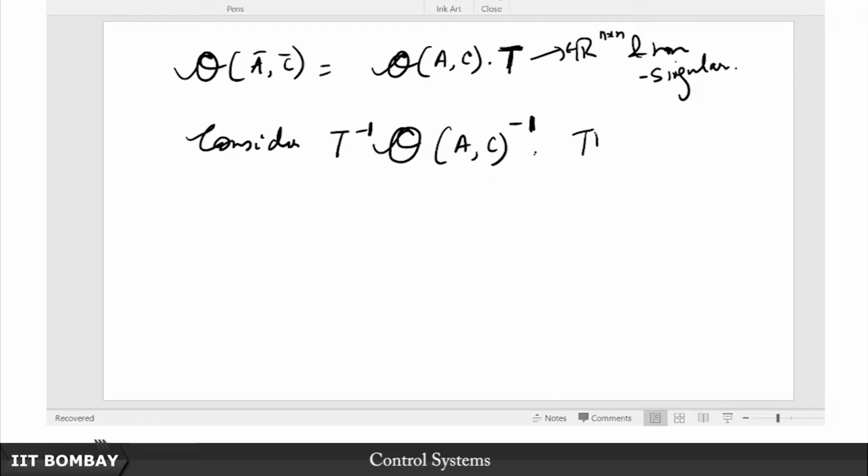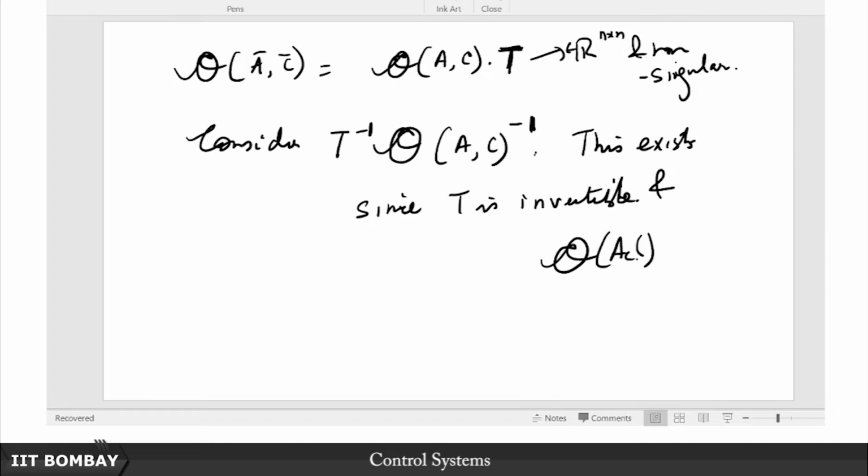This exists since T is invertible and O of AC is also non-singular. A non-singular square matrix means its inverse exists, because its determinant is non-zero. If its determinant is non-zero, then of course you can take the adjugate of that matrix divided by the determinant, and that is going to be the inverse.